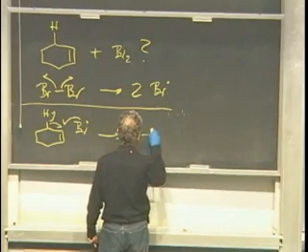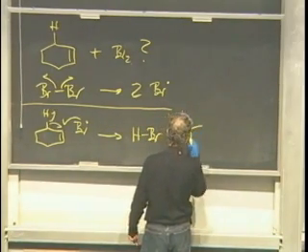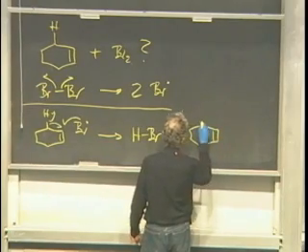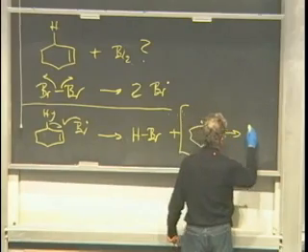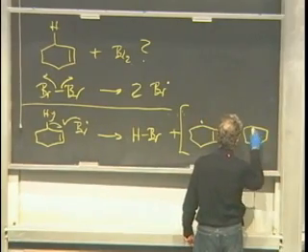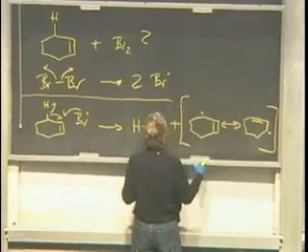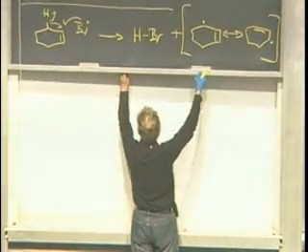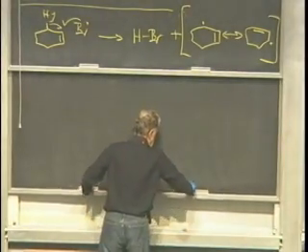That generates HBr, one of the products of the allylic halogenation, and this dot, which is stabilized by resonance. And then that's step 1 of the propagation.